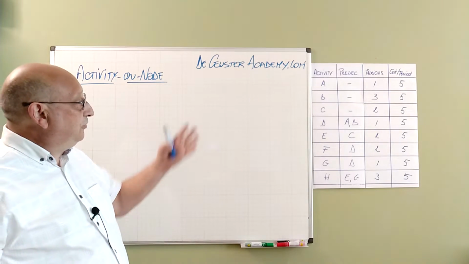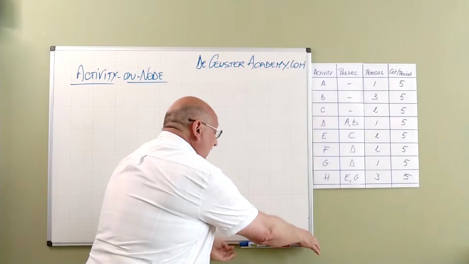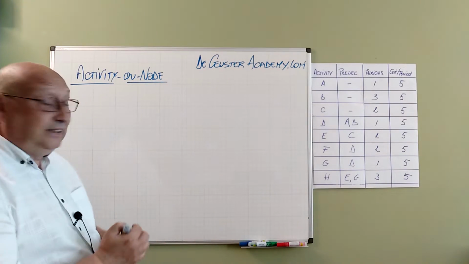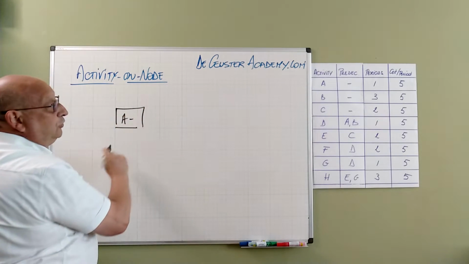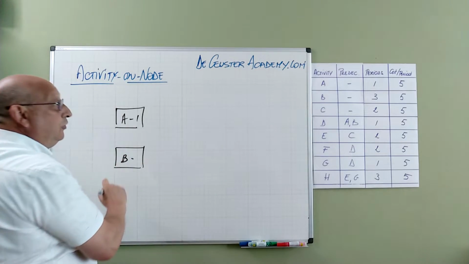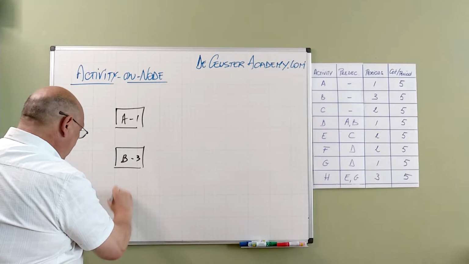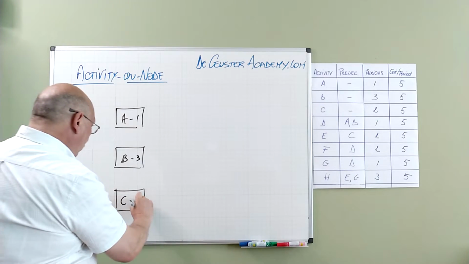Now here we start from the three activities A, B, and C, which have in fact no predecessor. So I have A with a duration of 1, B with a duration of 3, and C with a duration of 2.